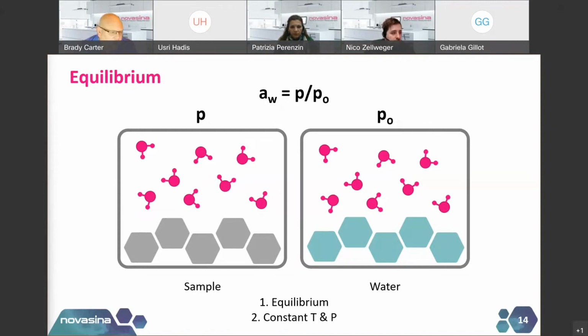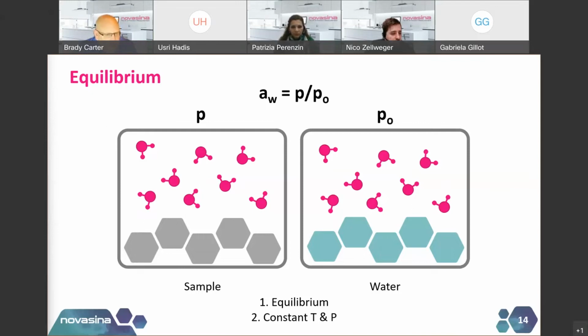And so we figure out what is the pressure that's exerted by these water molecules when they get up in the headspace. That's our P value, our numerator. Then we divide that by the pressure exerted by the water molecules in the headspace if what we had in that chamber was pure water at the same temperature.